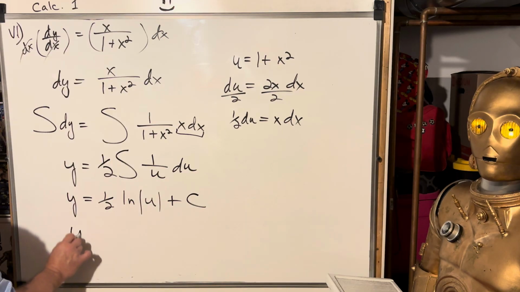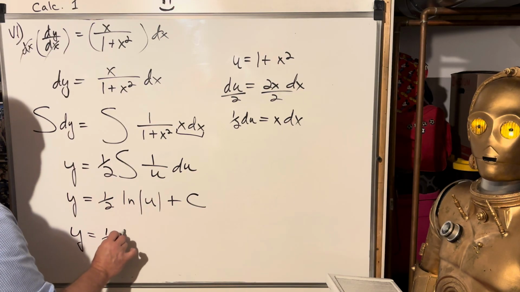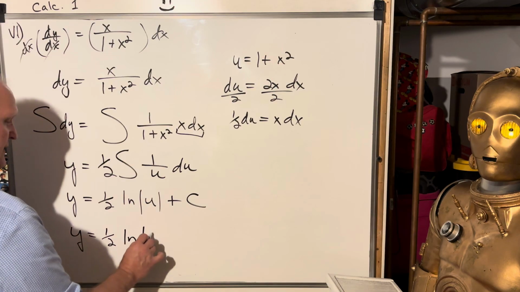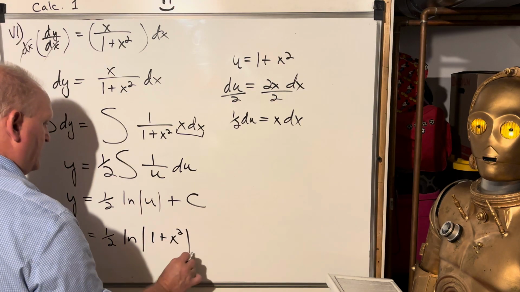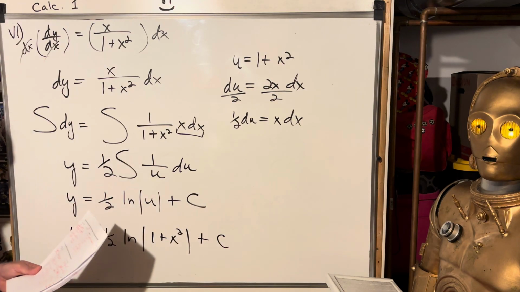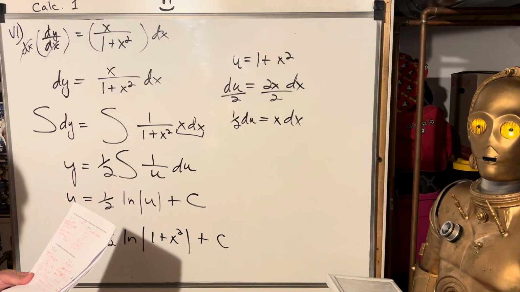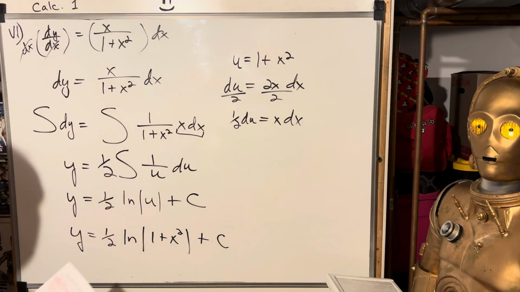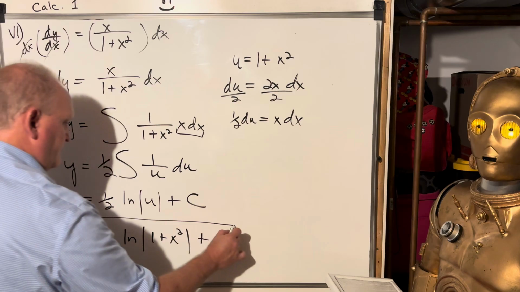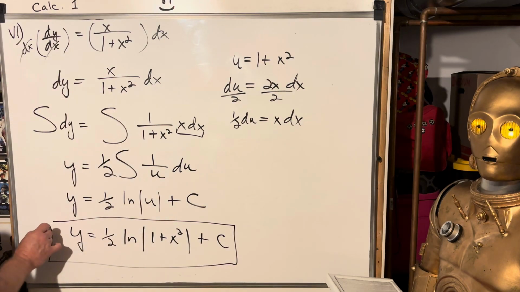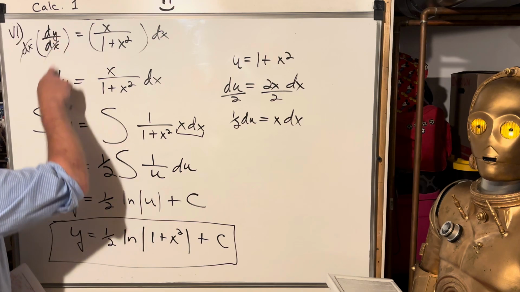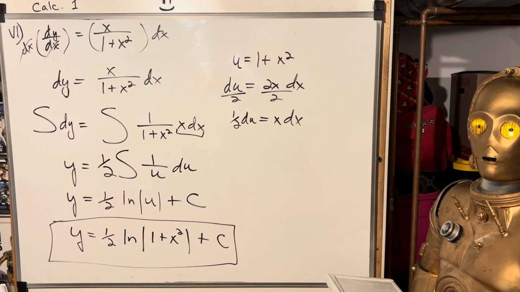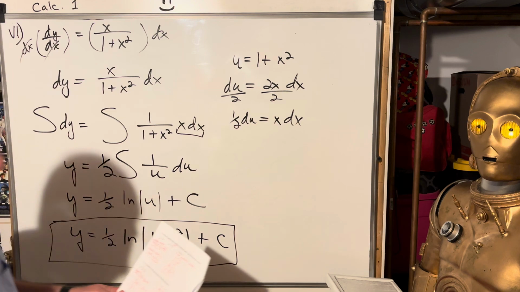And so there's our y equals 1/2 ln of the absolute value of 1 plus x squared, plus c. And there we have it. That is our general solution. And we did that, right? We did that a bunch with the dy/dx stuff from chapter 5. So hopefully that's just tying it in for you a little bit.